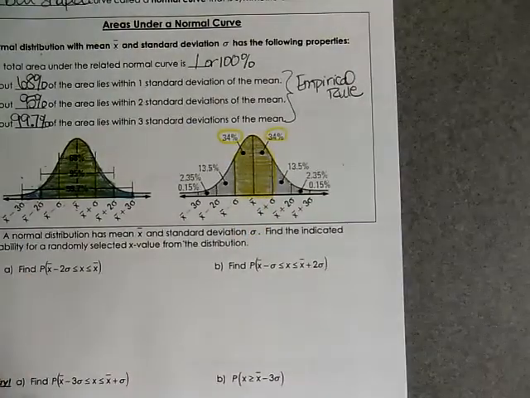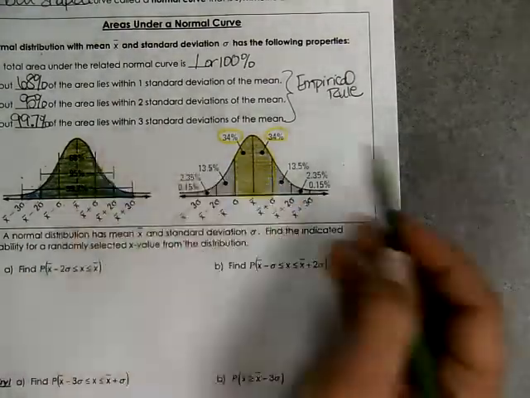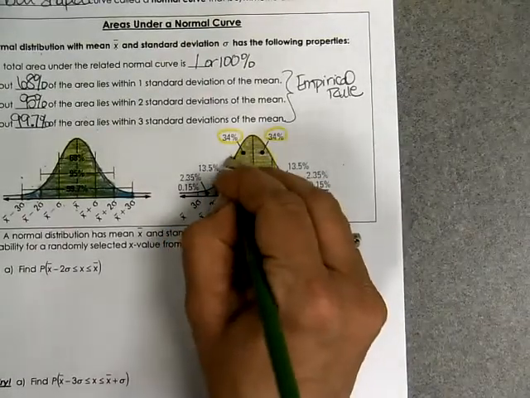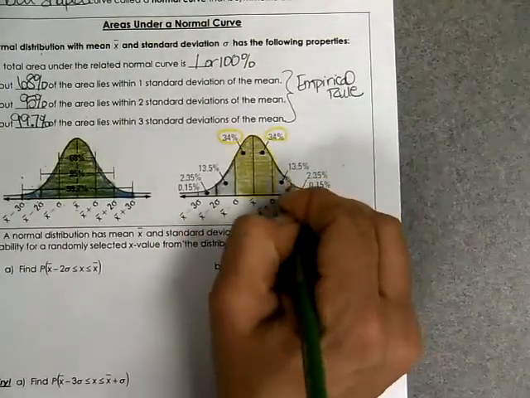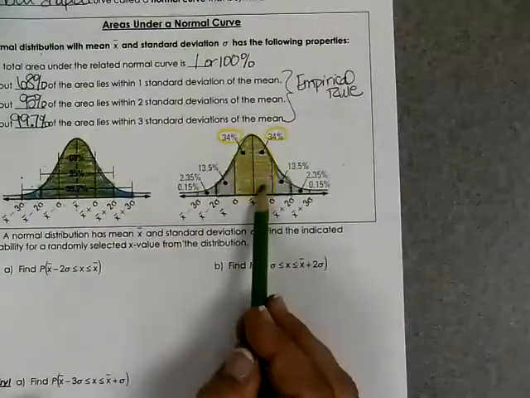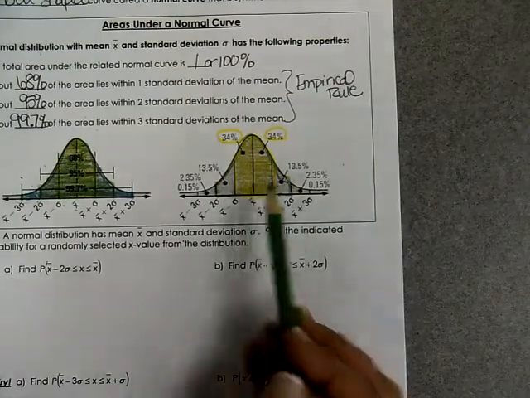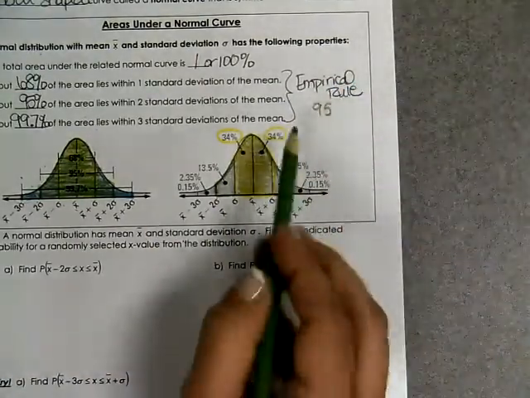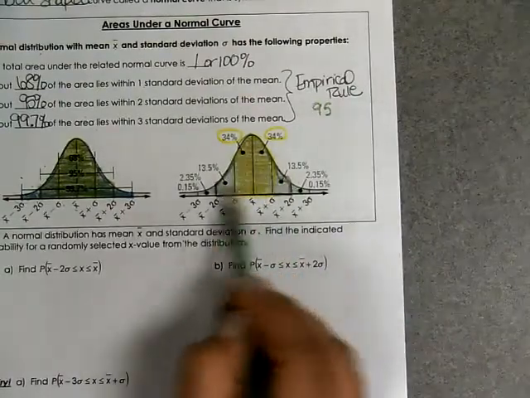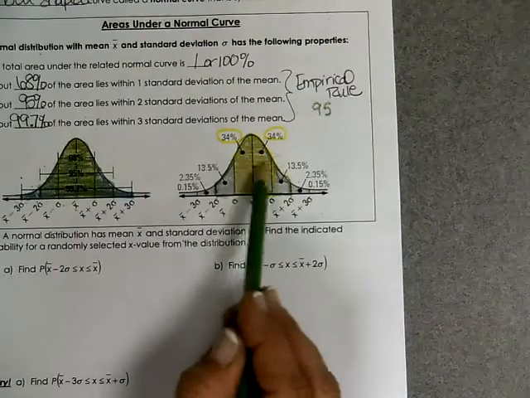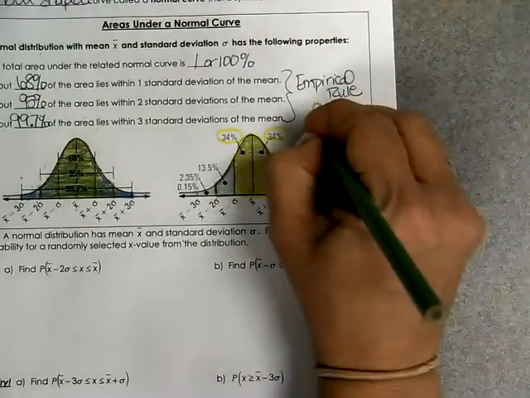Okay? Now, the next thing we said was that 95 was going to be within 2 standard deviations, right? Now that 95% though is all of this. What I shaded in yellow is what percent of that 95. So this whole thing would be 95%, but this part is what percent that I already shaded? 68%.